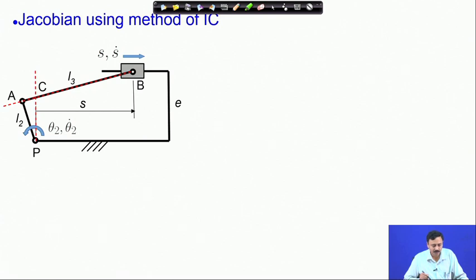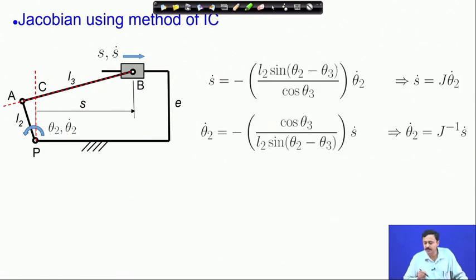If you recall, we had these expressions using the method of ICs. Now, if you compare, here we have it in terms of theta 2 and theta 3.